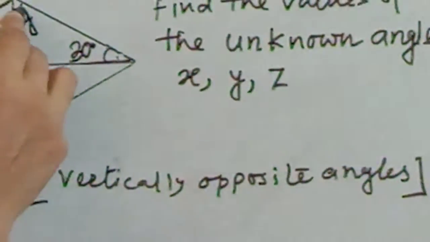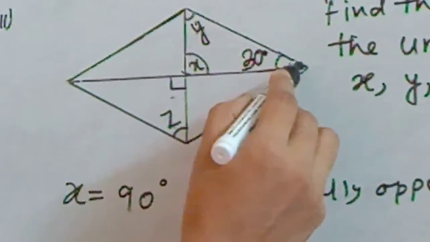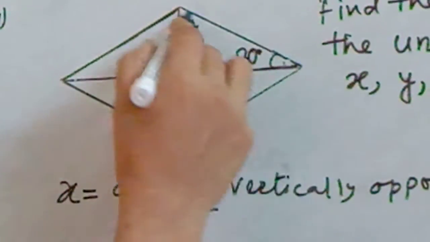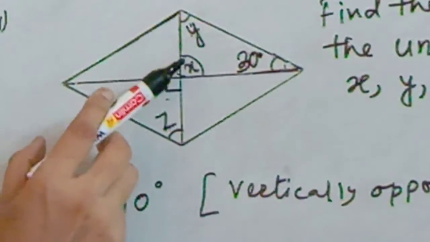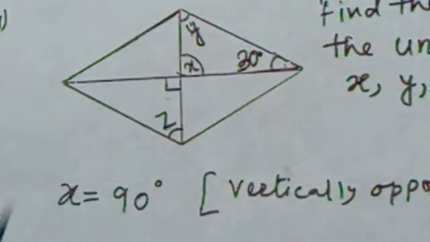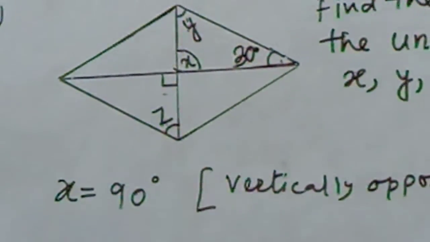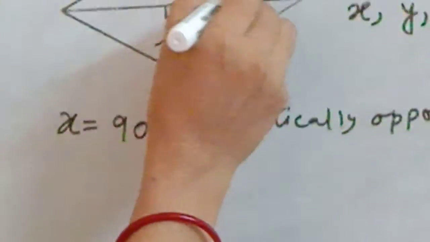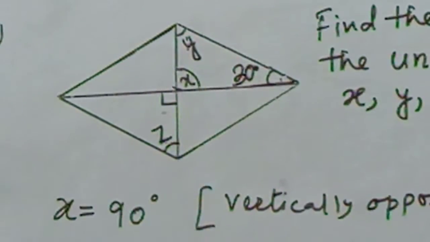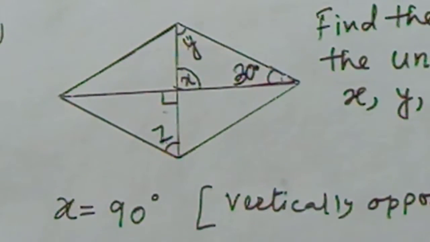Next, you can see that there is a triangle. It is a triangular shape, where x, y and 30 are the three angles. Therefore, you know that the sum of the three angles is equal to 180 degrees.